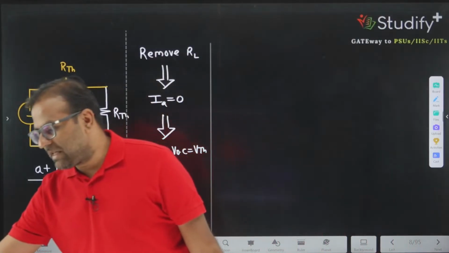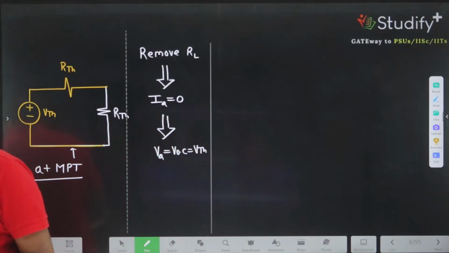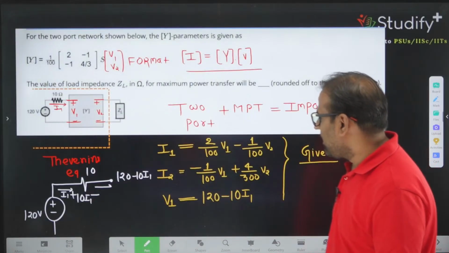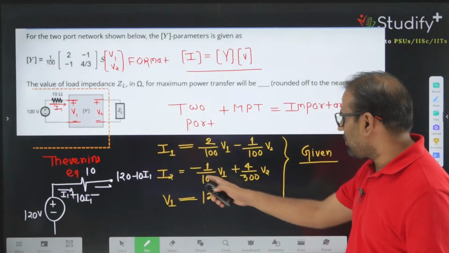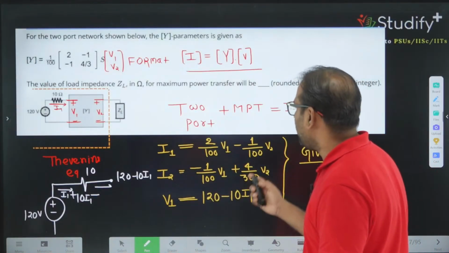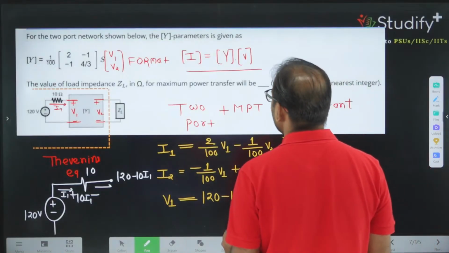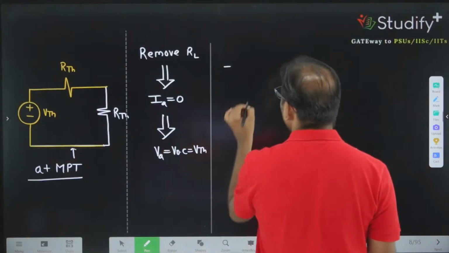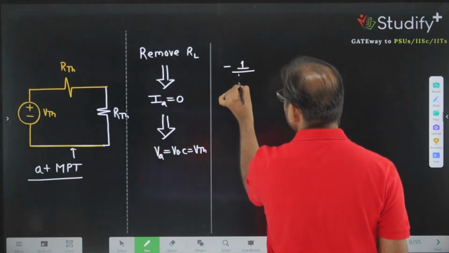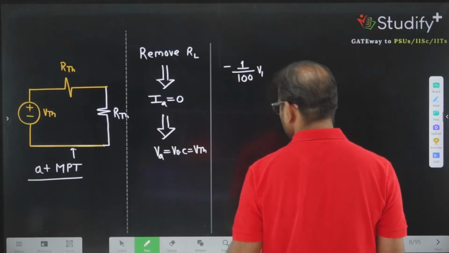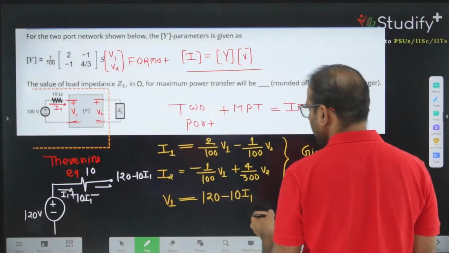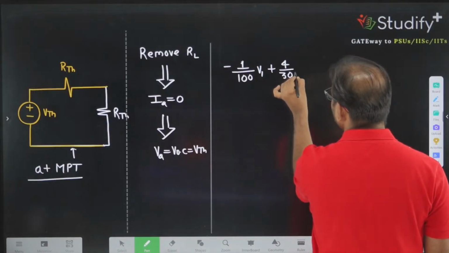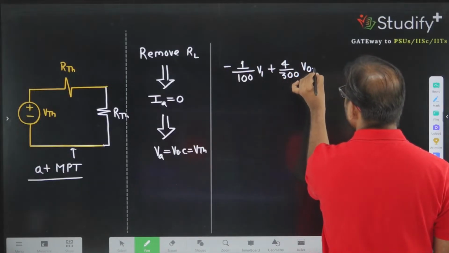So let's do this. What they are saying is: make I2 equal to 0. If I make I2 equal to 0, then V2 will be VTH. So can I say minus I2 equals 0, minus 1 by 100 times V1 plus 4 by 300 times V2, and V2 is now the open circuited voltage.